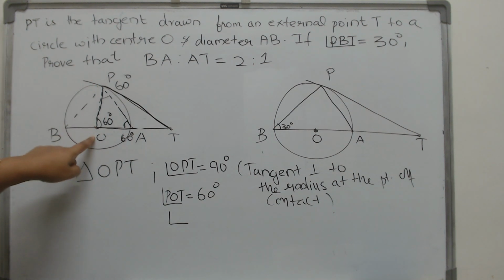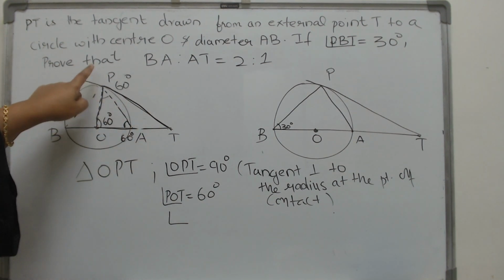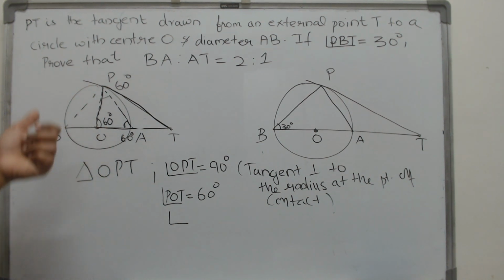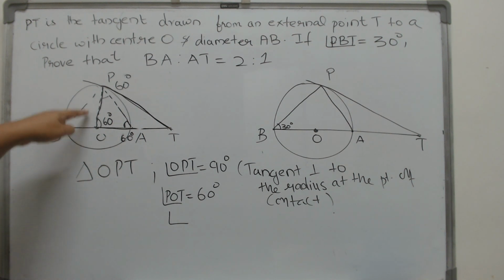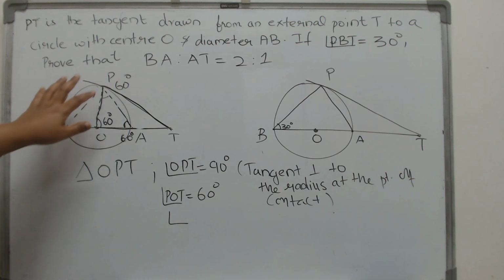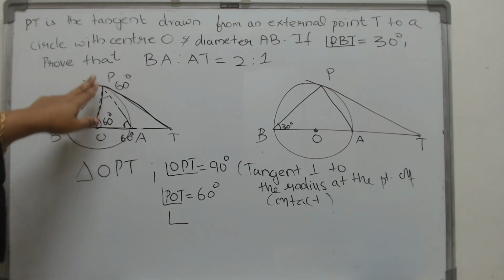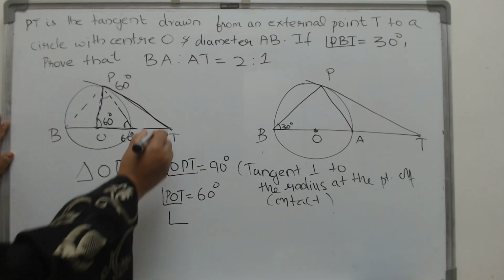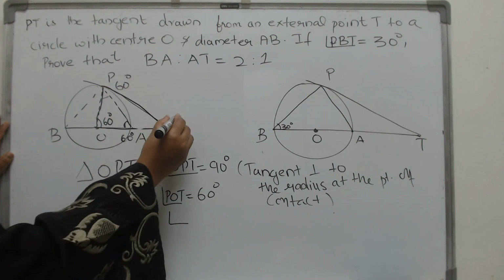Now consider angle POT. What angles do you know? You have just found out that this much is 60 degrees. We just now did that. Now what is angle OPT? It will be 90 degrees because the tangent is perpendicular to the radius at the point of contact. So it is 90 degrees, which means what? This small angle here, this T here, is what?